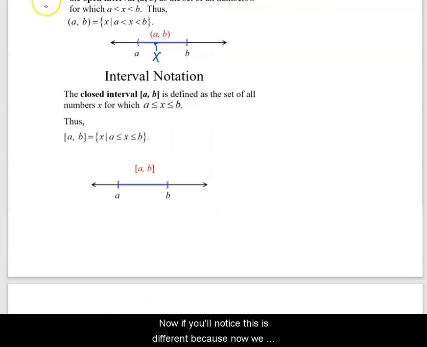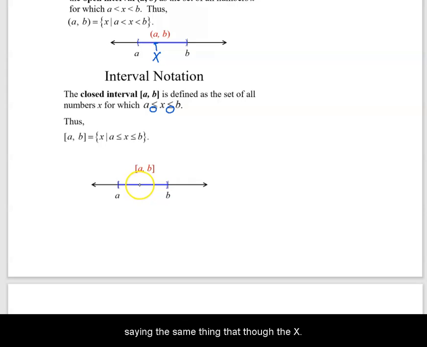Now, if you'll notice, this is different because now we don't have those parentheses. We actually have the brackets. And what's changed? Well, now we have the less than or equal to. The one above, when it was just parentheses, we just had the less than signs. So when it's brackets, it's adding on the equal to part.